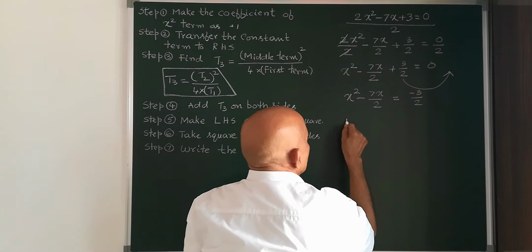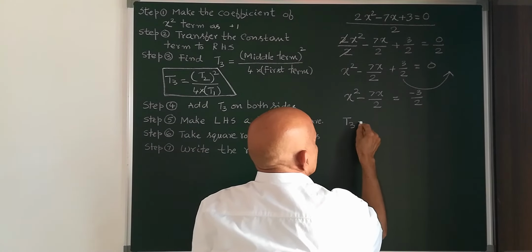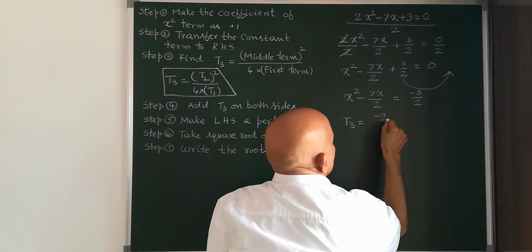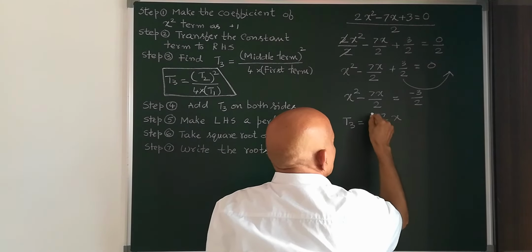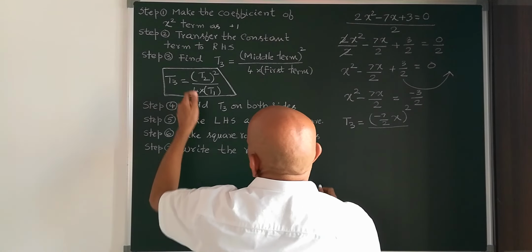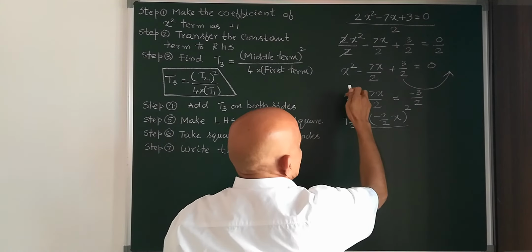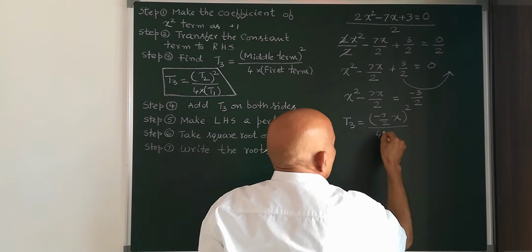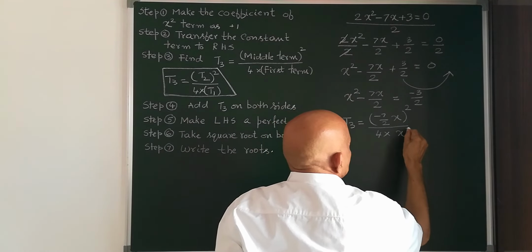So T3 we will calculate, that is minus 7 by 2x whole square by 4 times the first term. First term is x square. 4 times the first term.